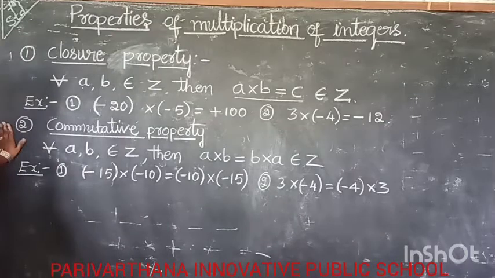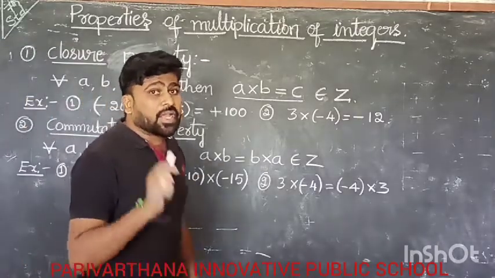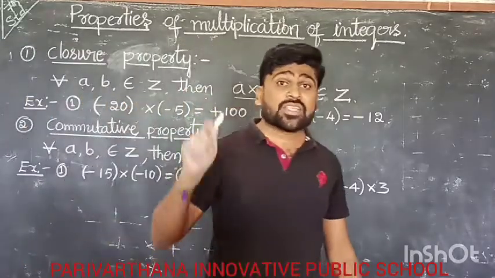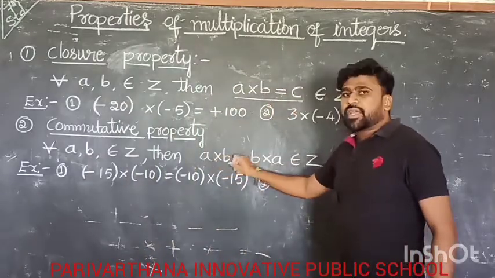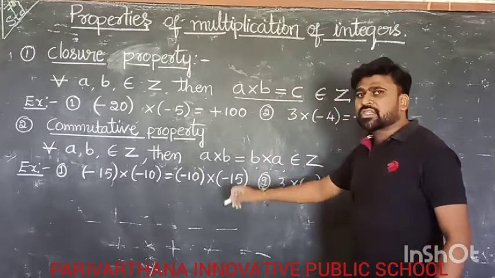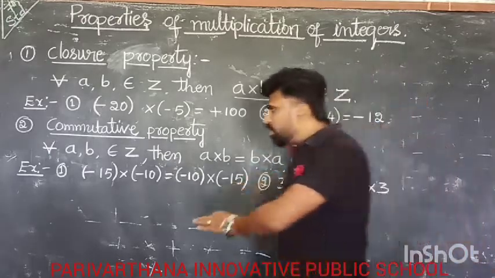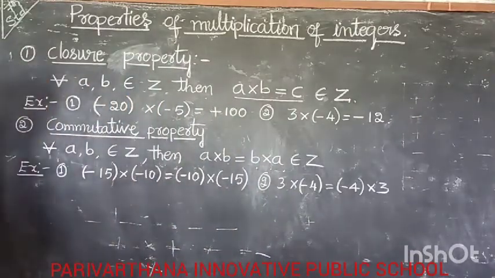And the same with the commutative property. You already know the commutative property for addition: a plus b is equal to b plus a. Correct? Here also a into b is equal to b into a. LHS is equal to RHS. You can check it here with two examples.